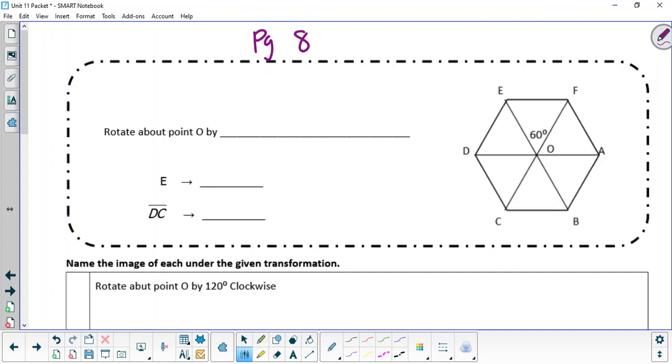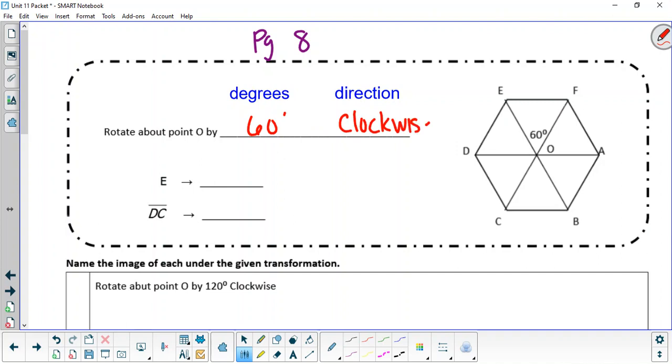So what happens here is that we're going to have this object and we're going to rotate it by a certain number of degrees in a particular direction. For this example, we are going to rotate this figure 60 degrees clockwise.